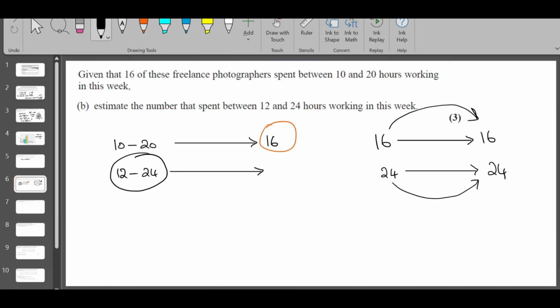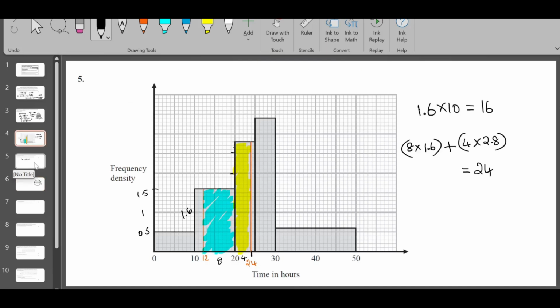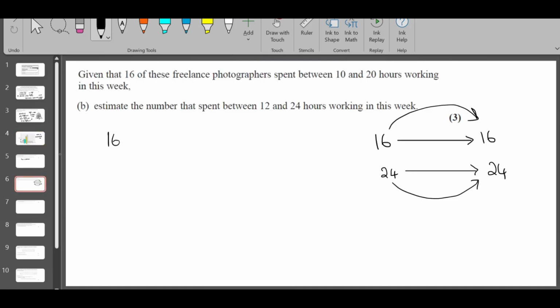That's all. You can't just show this diagram as the working because it's a 3-mark question, right? So what you can do is write the first one, the area we got: 1.6 times 10 is equal to 16. You can write area is equal to 16 photographers.